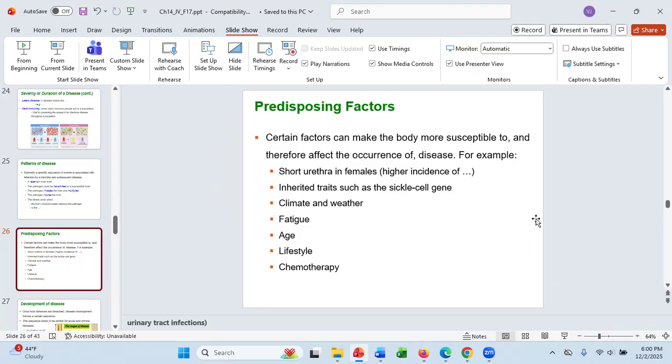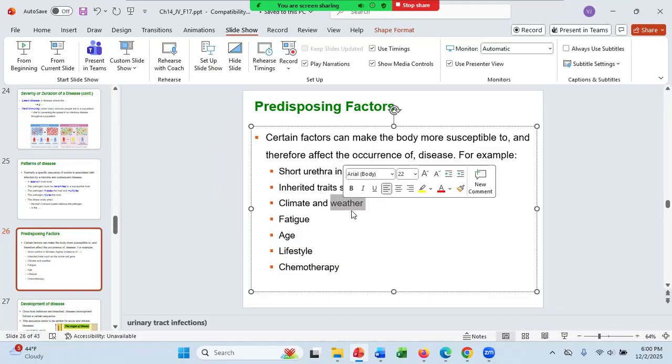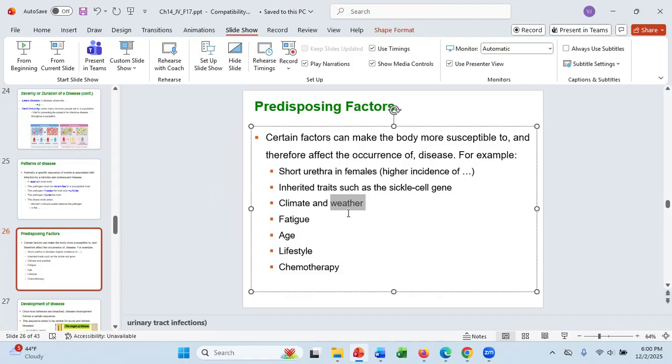That is all true, but fairly recently they've discovered something else going on with the climate and the weather, and that is with the flu virus. The flu virus is actually stabilized by the cold weather. So the flu virus is longer to stay alive in the wintertime than it would be in the summertime just because of the temperature.